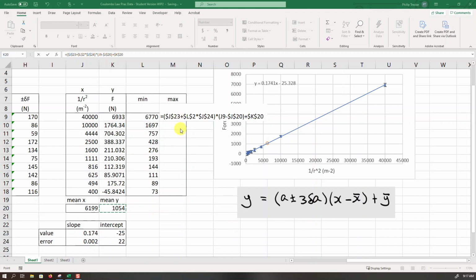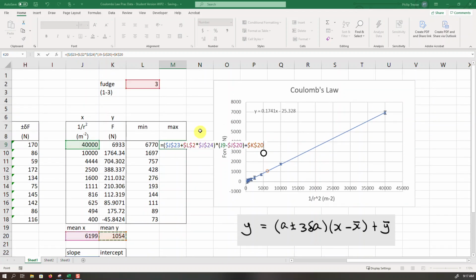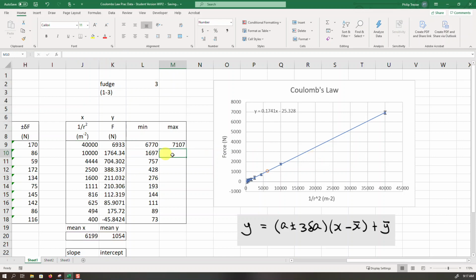It looks very much like the last one, except for the plus sign here, where I'm adding the 3 times the uncertainty. Again, L2 up there. L2 is my fudge factor of 3. We'll talk more about what that's for in a minute. And we'll paste those formulas in there.